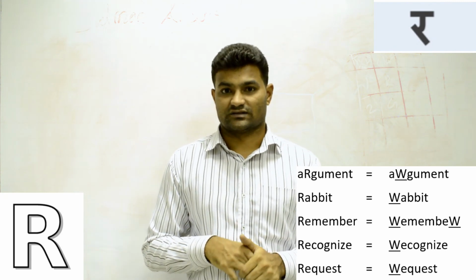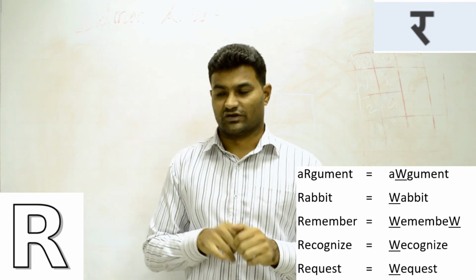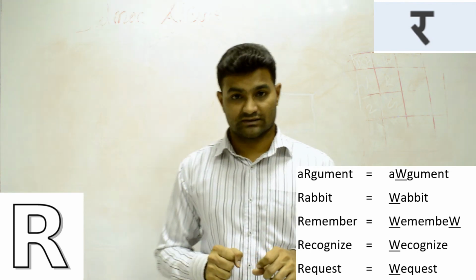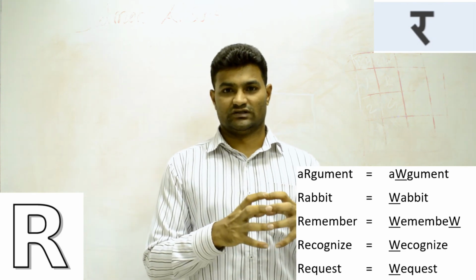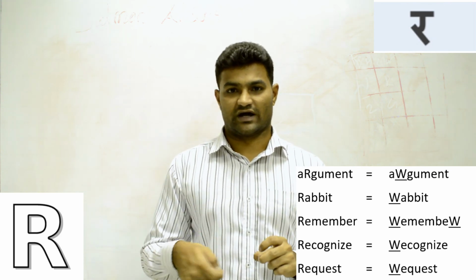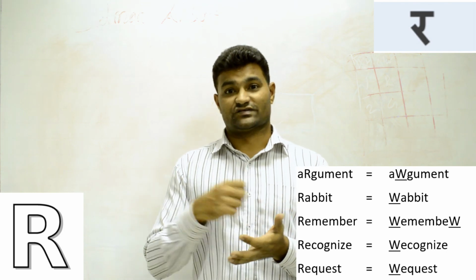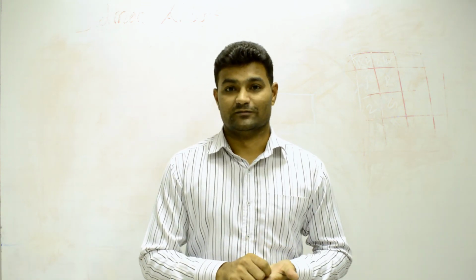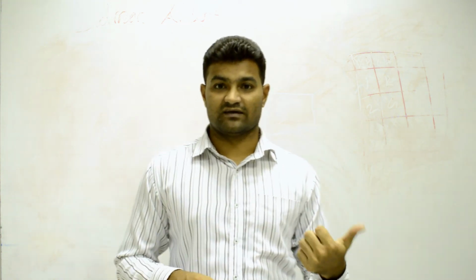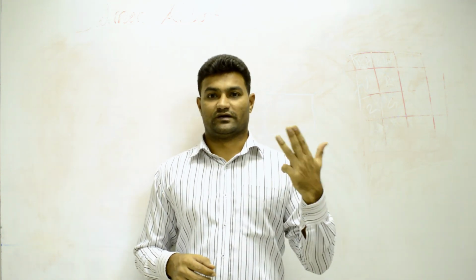Race, rabbit, just like that, you can replace it with W. While writing it is different: you have to write "r," you cannot write W. But while pronouncing, it will be replaced by W.